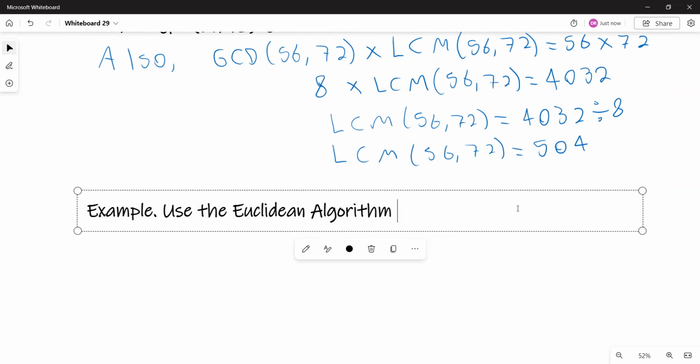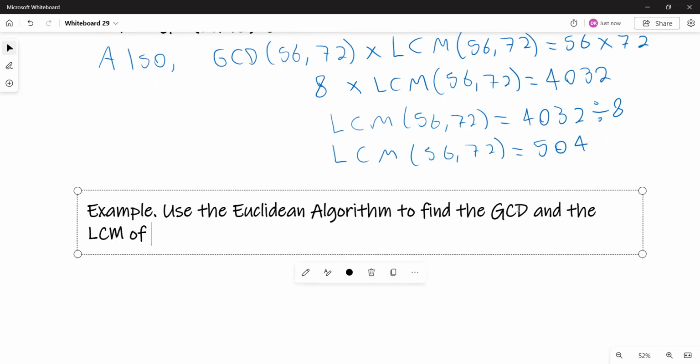We're going to use the Euclidean algorithm to find the greatest common divisor and the least common multiple of 231 and 504.